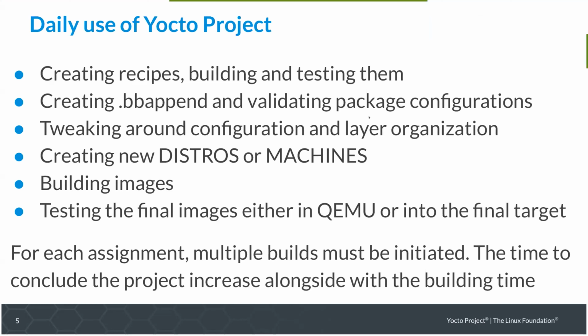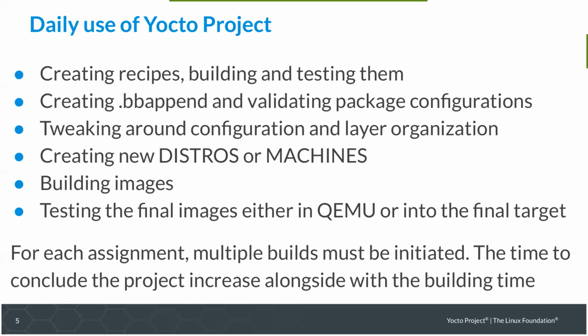Okay, so starting off, let's talk about our daily use of Yocto. I think everybody here does this a lot of times. Just to recap, when you use Yocto, what you're basically doing is writing scripts, creating recipes, building these recipes and testing them.